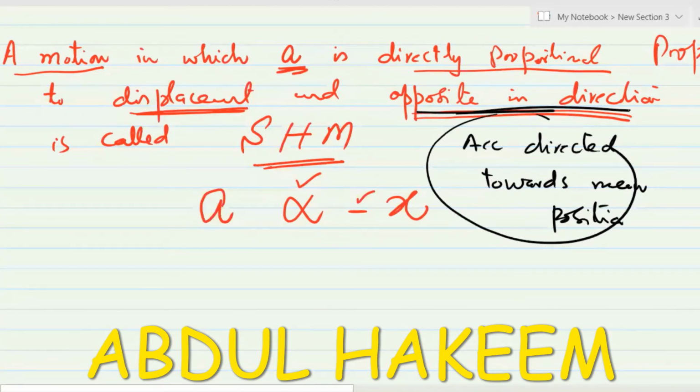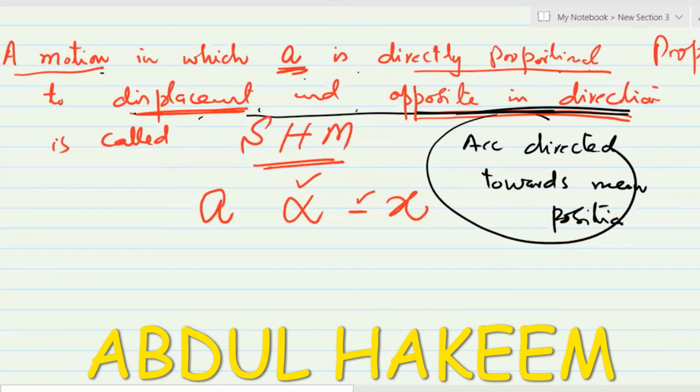So in the definition, we can write opposite in direction or simply acceleration directed towards the mean position, but try to write this one: a motion in which acceleration is directly proportional to displacement and opposite in direction, or acceleration directly proportional to displacement and directed towards the mean position.